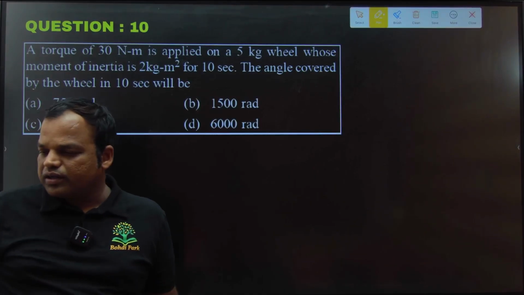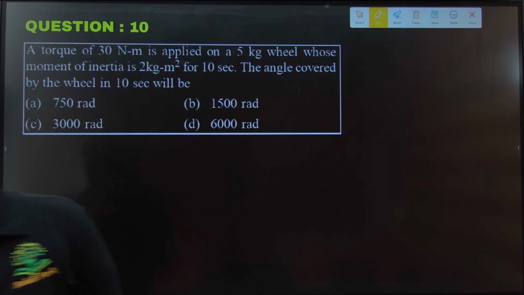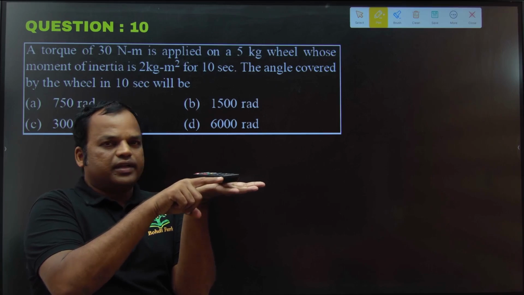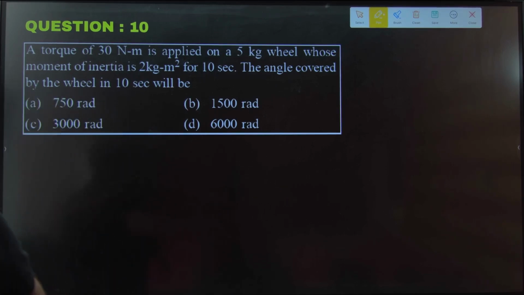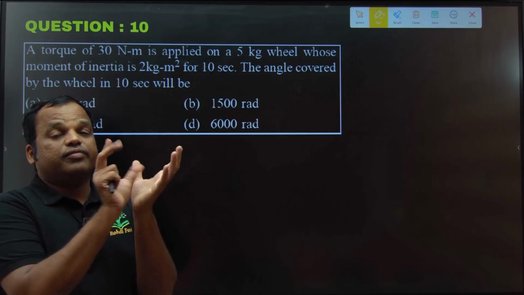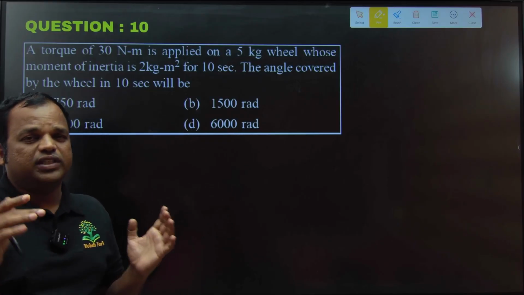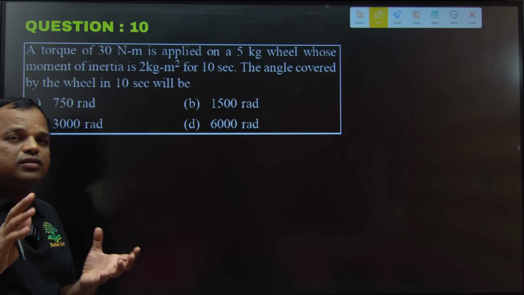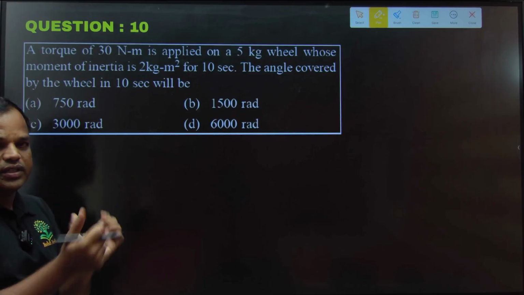When you apply torque, the object rotates, because angular acceleration will be there. You can look at the fan: if torque is applied, the fan rotates. One round means 360 degree or 2 pi radian, half round means pi radian. So torque causes angular acceleration, and because of angular acceleration, angle theta is covered.